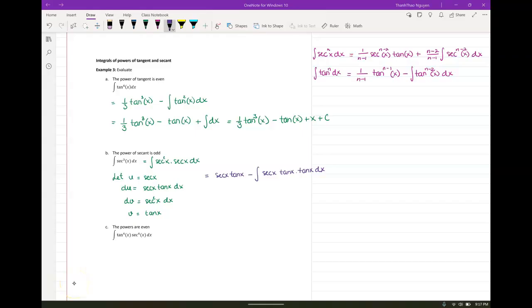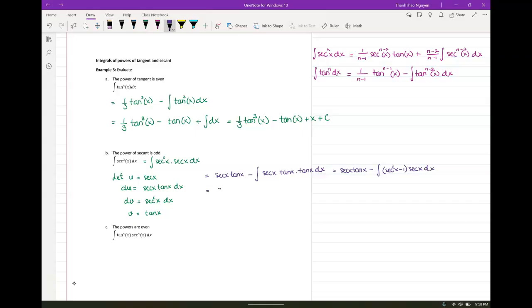This means I have secant of x tangent of x minus the integral of tangent squared. Well, tangent squared is secant squared of x minus 1 times secant of x dx.